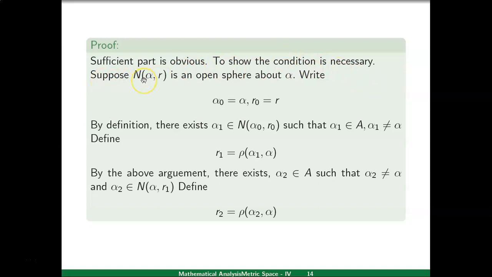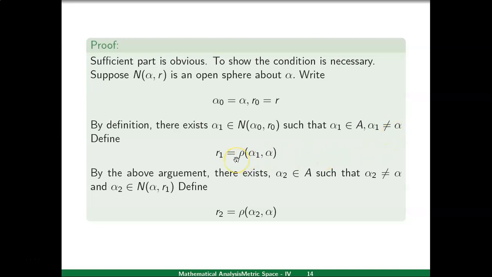let us suppose S(alpha, R) is an open sphere about point alpha. Let us write alpha as alpha naught, and the radius of this open sphere R as R naught. Now, by definition, there exists a point alpha 1 belonging to this sphere S(alpha naught, R naught) such that alpha 1 belongs to A, but alpha 1 is not equal to alpha naught or alpha.